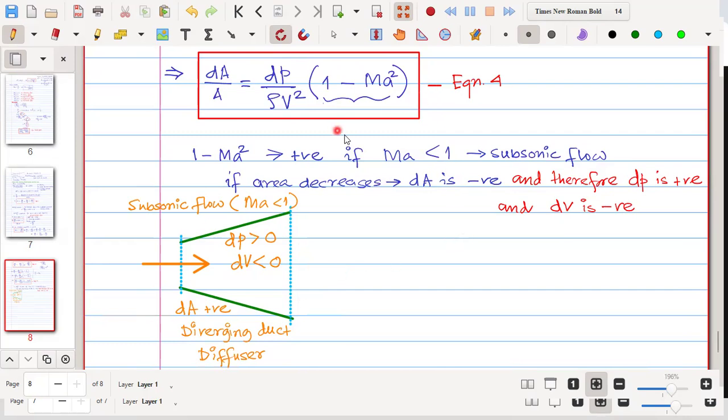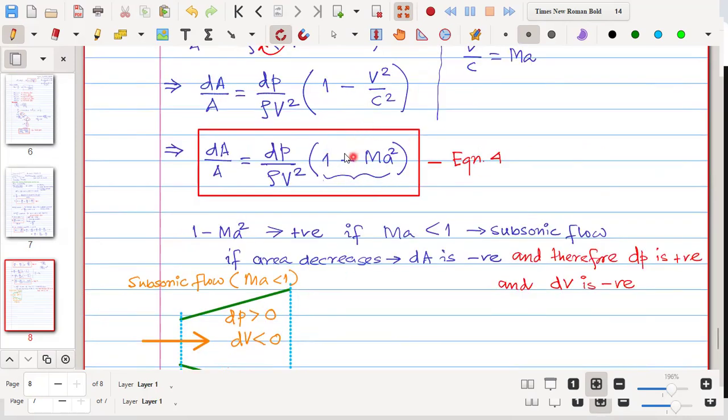Step by step. So what we are fixing? First, we are fixing this quantity, 1 minus Mach square. So once it is fixed, that means we have fixed for subsonic flow. Next, we are manipulating area. That means area increases or decreases. If area increases, this is diverging. If area decreases, then it is converging.